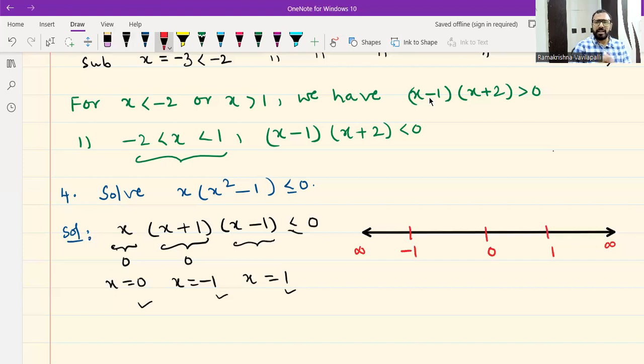So you see, the real line is divided into 4 parts. So now, substitute any number more than 1. Here I am writing, substitute x equal to some easy number that is more than 1 in the given expression.